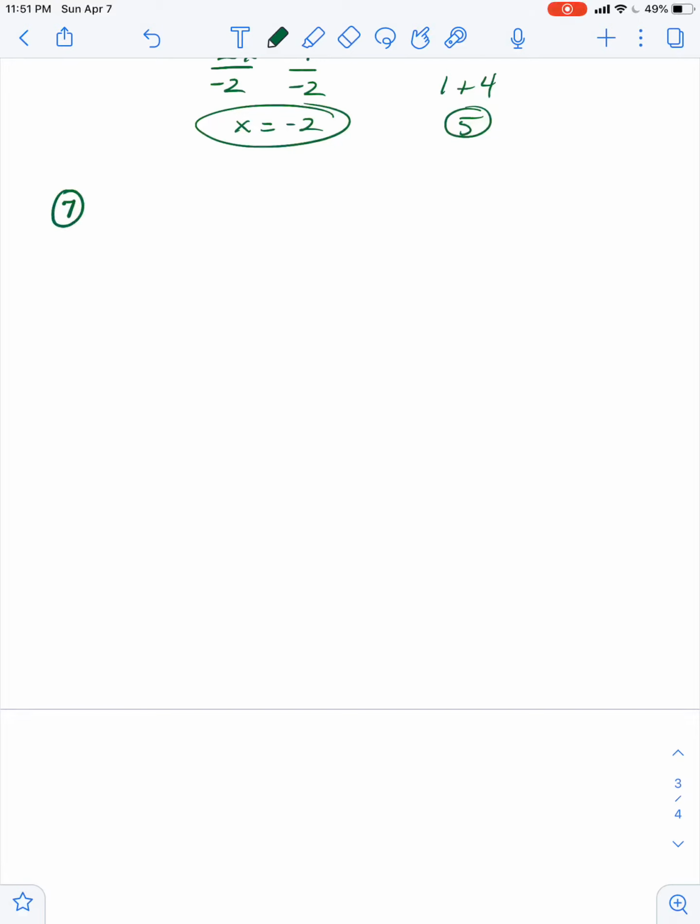Number 7 is actually easier than the earlier ones, because when you look at this, the bases are already the same. So I don't need to do anything but set my powers equal to each other. You should be able to handle it from there. I'm not going to work them all the way out.